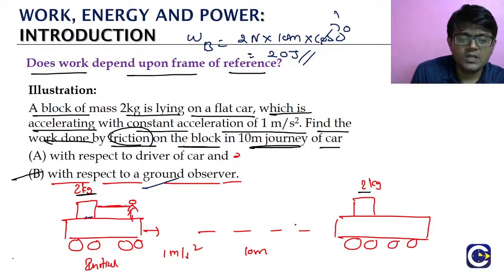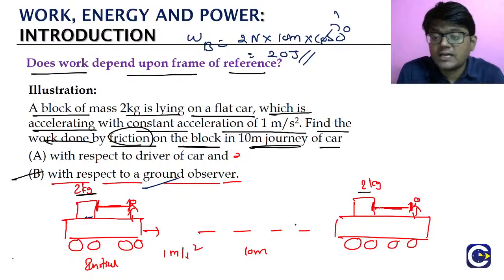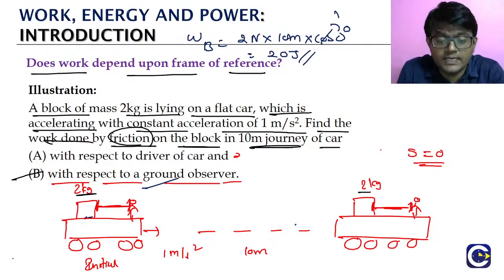He will see the block on the car at some distance from him, and in the final state also, he will see the same position of the block. So with respect to the driver of the car, what is the displacement? It is 0, because the block is lying on the flat car, so we are assuming it is going with the same acceleration as the flat car.